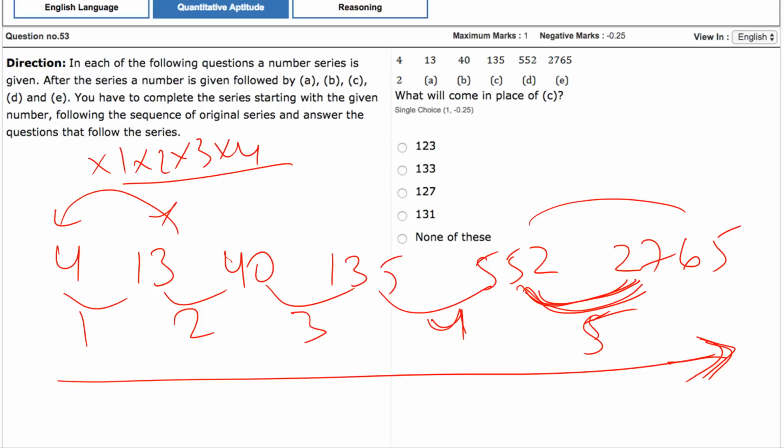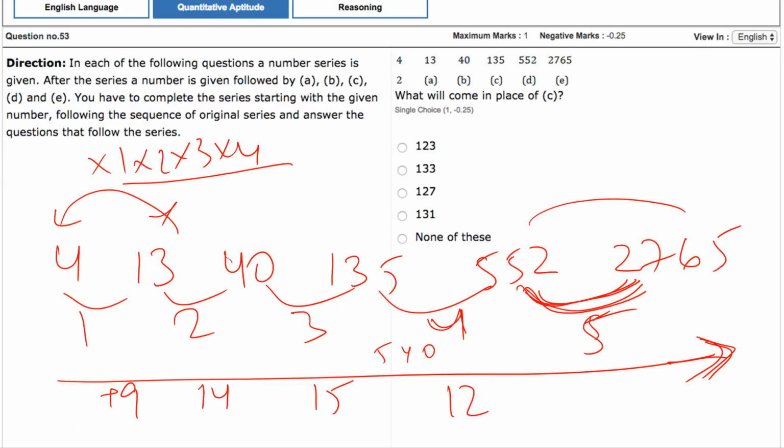That is my advice. Okay, so here this is 4 into 1. Alright, and then what is added here? 9. Here 13 into 3 is 39, plus 1 gives 40. 135 into 4 plus what will give me the answer? This is 540. So again I am getting back on 12.